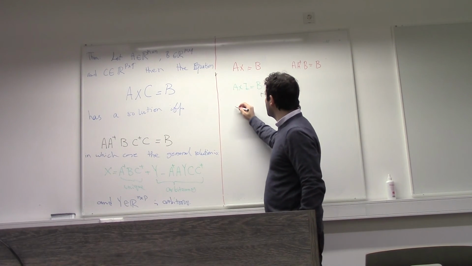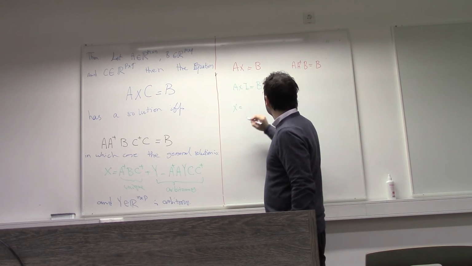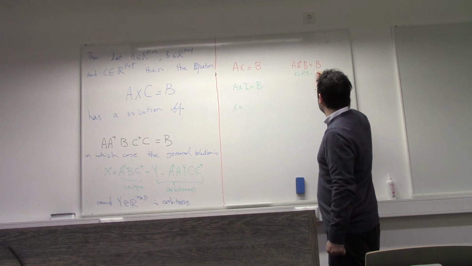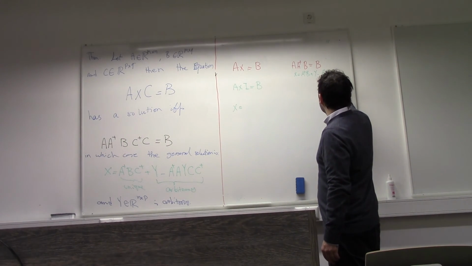So the solution X was A plus B plus Y minus A plus A Y.